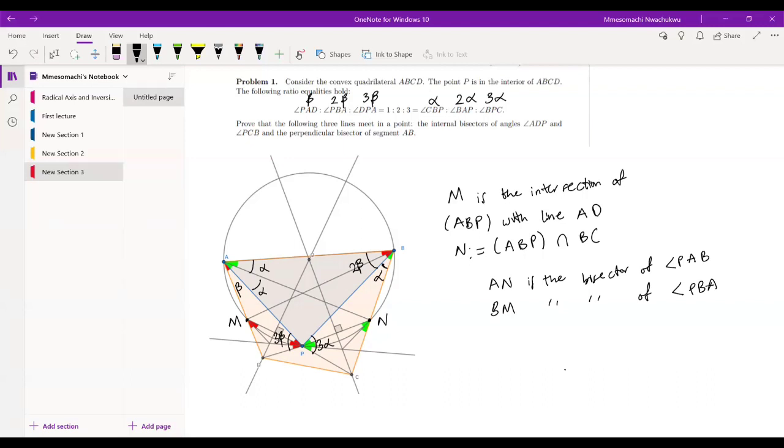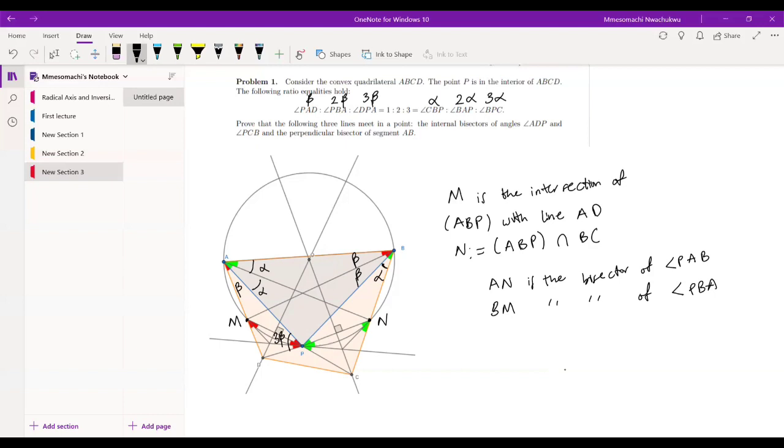Okay, so we can break this down to beta. Okay. Now we have that this angle here is going to be equal to this angle, angles subtended by the same chord in a circle.